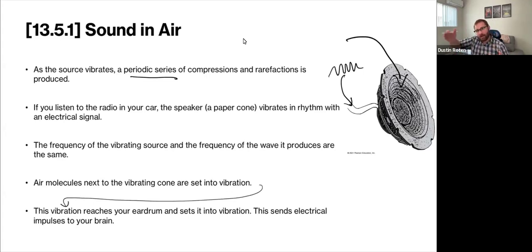And then that gets propagated through the air molecules in your car. Eventually it hits your eardrum, and then it sets your eardrum into vibration. Now, the weird thing about nature is that your brain can sense the vibration of your eardrum, because your eardrum will turn its mechanical vibration into electrical signals, and then your brain can interpret those electrical signals.